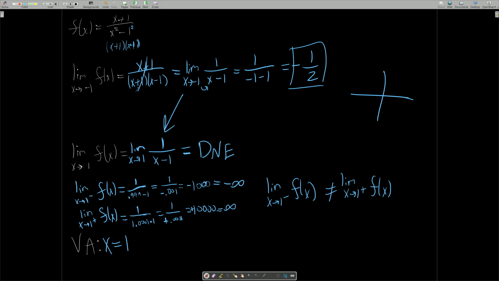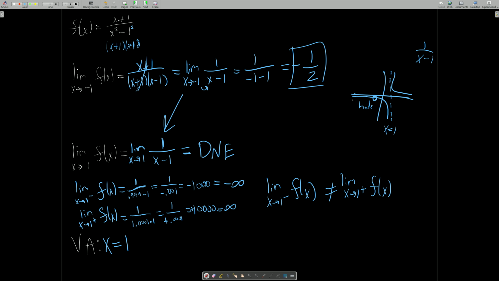This function looks something like this. It looks like 1 over x minus 1, but it's actually x plus 1 over x squared minus 1. Because here at x equals 1, you'll have your vertical asymptote, but at x equals negative 1, you're going to have a hole.